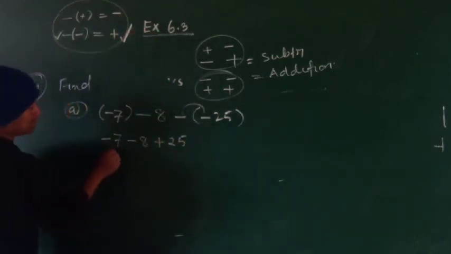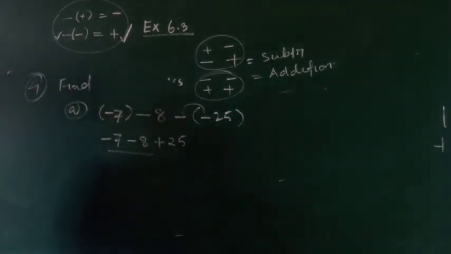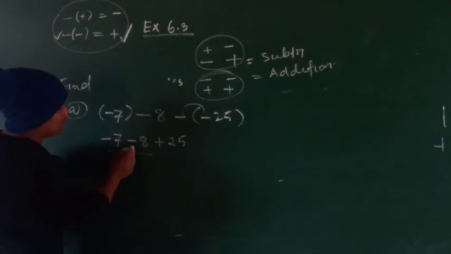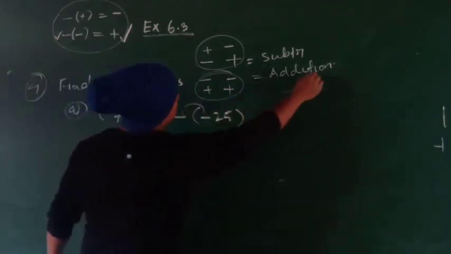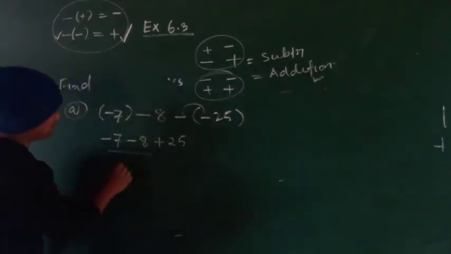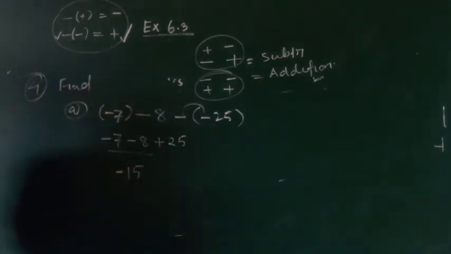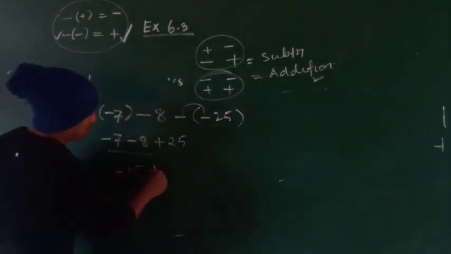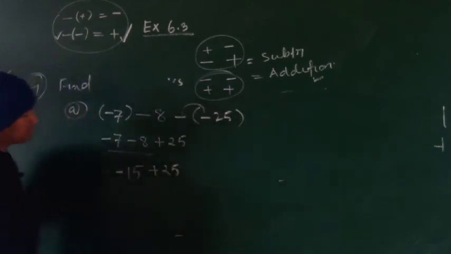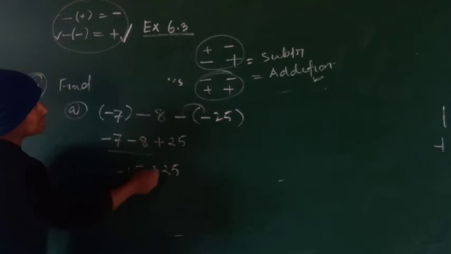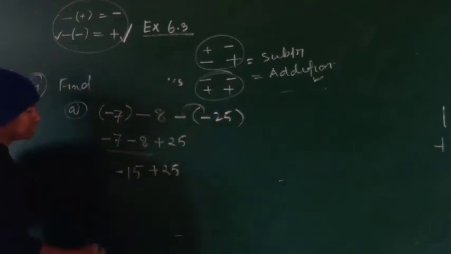Okay, so we will take one pair at a time. This negative negative becomes addition. If both signs are negative, we do addition. So 7 plus 8 is 15, and the sign will be negative. Now one is negative and one is positive, and in that case we do subtraction.